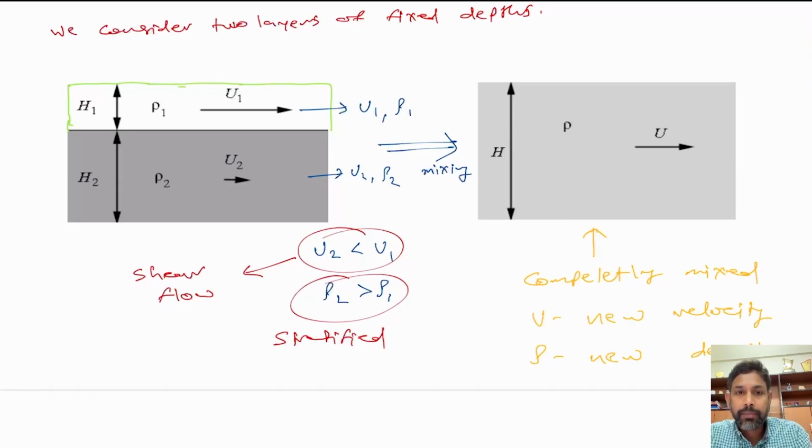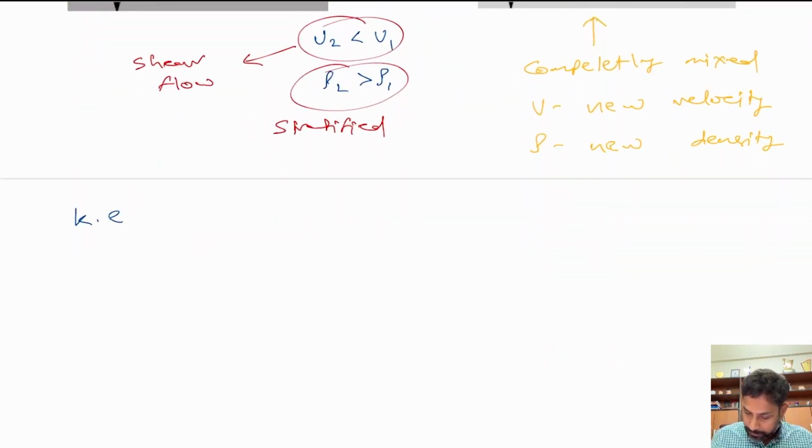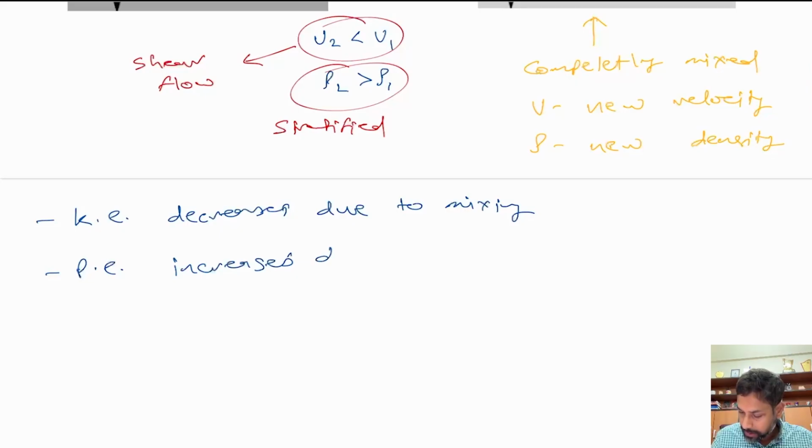So once again, what is happening, the initial kinetic energy in the system is converting into potential energy in the system. So basically kinetic energy decreases due to mixing, and potential energy increases due to mixing.